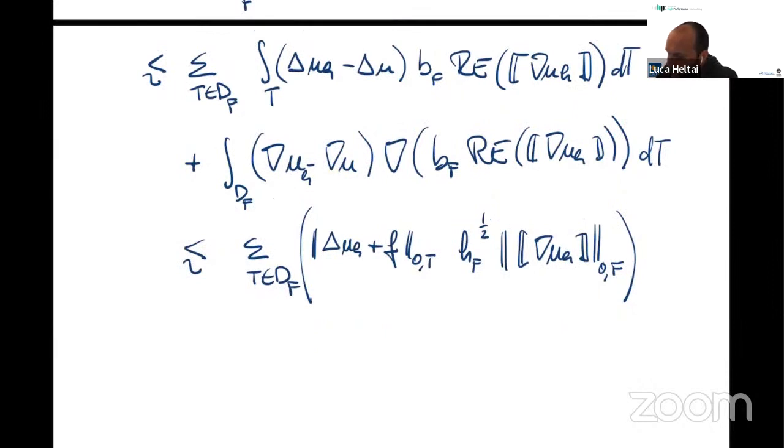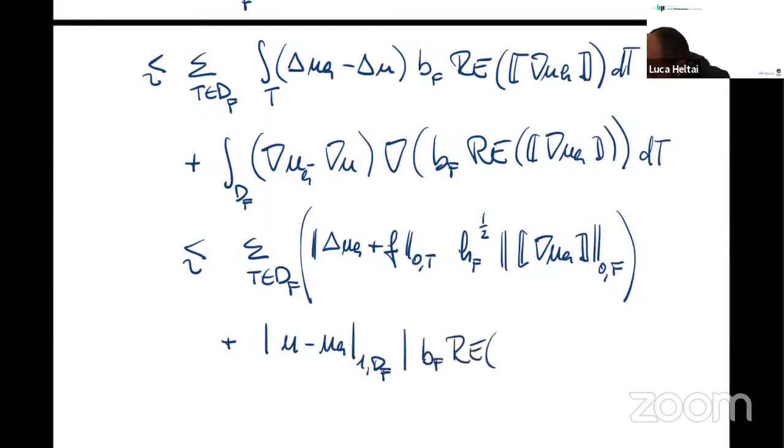Okay. So we have h1/2 of the gradient of uh here. And now I control the last two terms. This is the gradient of uh minus gradient of u semi-norm, and u minus uh, 1 on df. This is now enlarging the support to the union of the supports of the elements that actually share the current face. And on the other term, I have the norm of bf and the lifting of the gradient of uh, in the one norm on df.